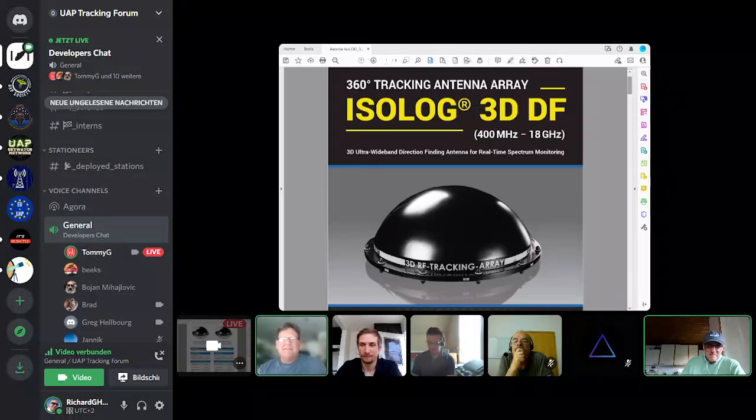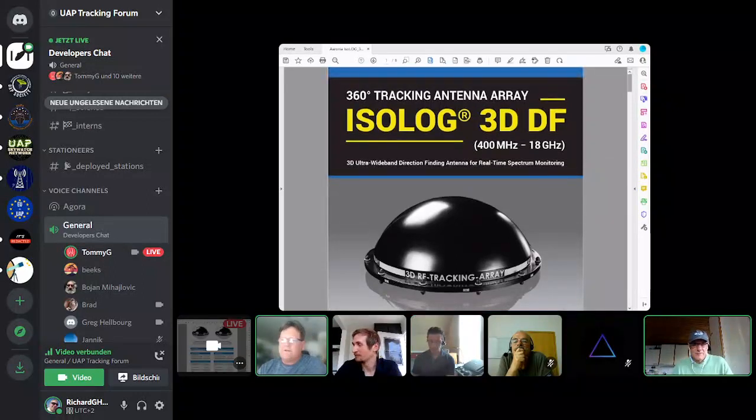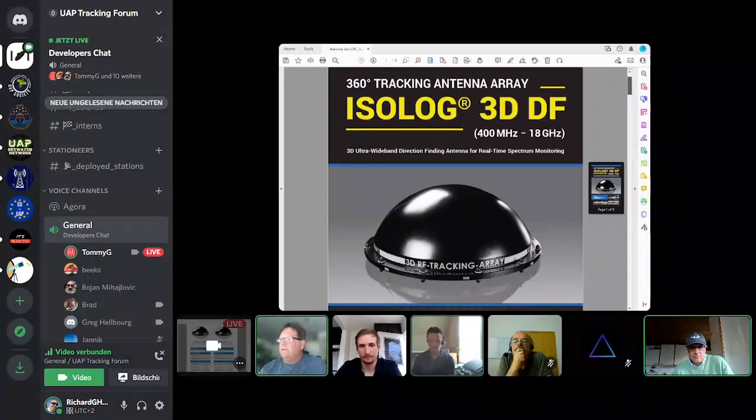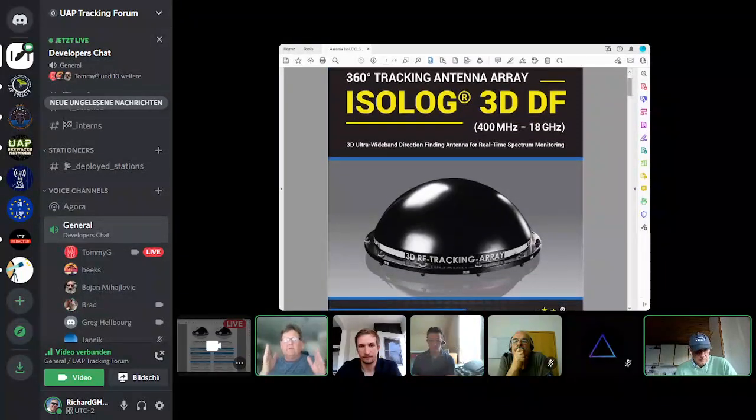All right. So this is a directional finding antenna that we've got. Inside this antenna, we've got literally 16 little blades that go all the way around in a 360, and they're all directional as opposed to omnidirectional. So now anything that comes up in 360 degrees, I can pinpoint right onto my topographical map.